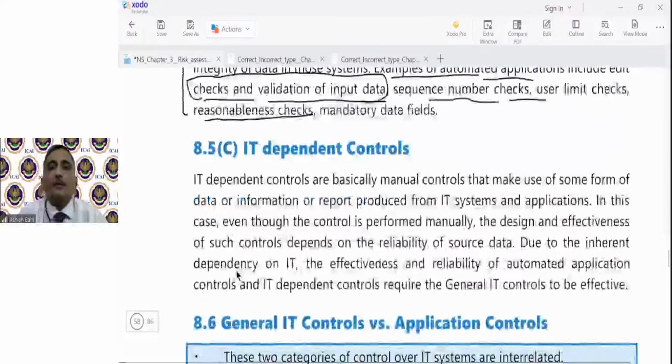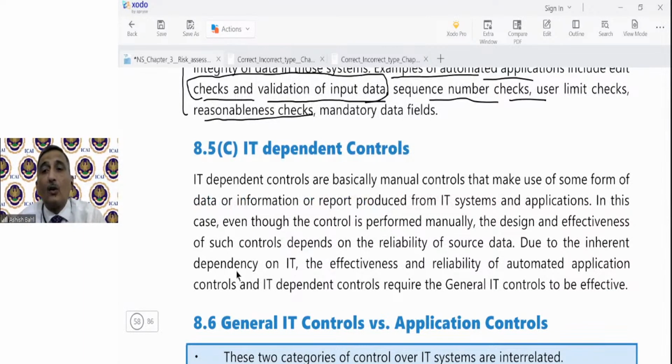Okay. So now we come to IT dependent controls. IT dependent controls, students, are controls that make use of information from IT systems, but the control is performed manually.